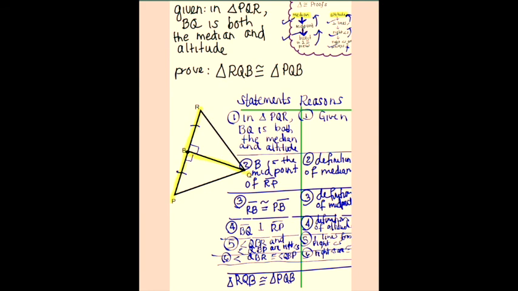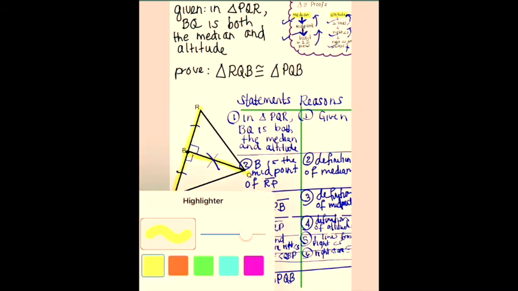I marked that on my diagram. So now the only thing left to do is look at my diagram to see, do I see any type of linear pair, vertical angle, or reflexive property? Surprise, the reflexive property. So now I can look at my picture and I have enough information to prove these triangles are congruent.